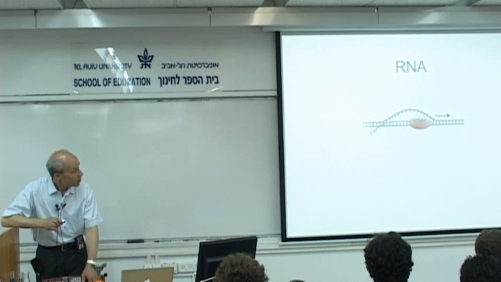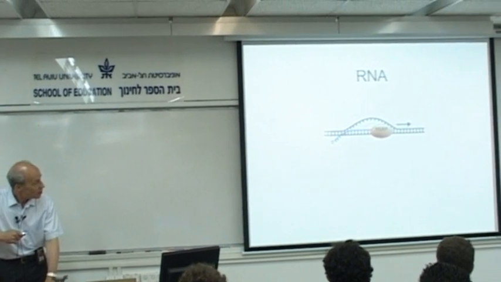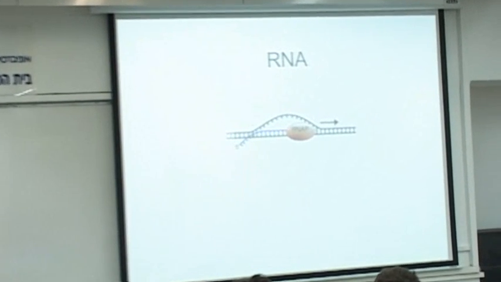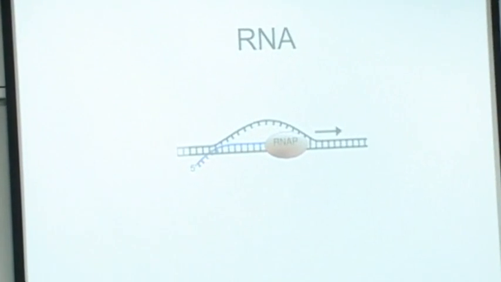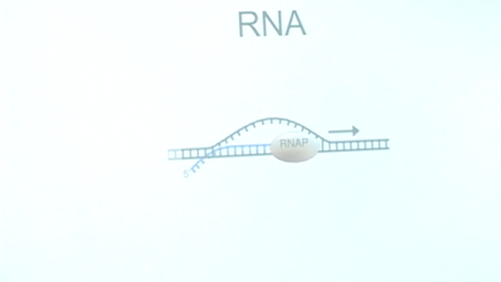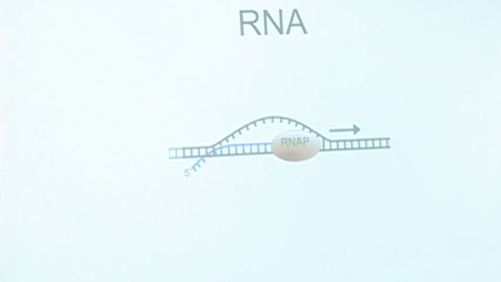The RNA polymerase copies one strand of the DNA into a double helical form which has both RNA and DNA components. The RNA is in blue and the DNA in black. This is called a hybrid, and I'll show you the actual picture of the hybrid in the course of expression of genetic information in a moment.